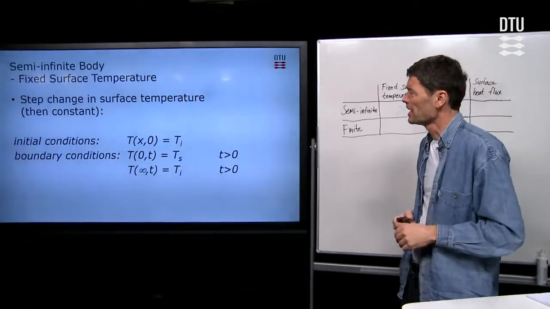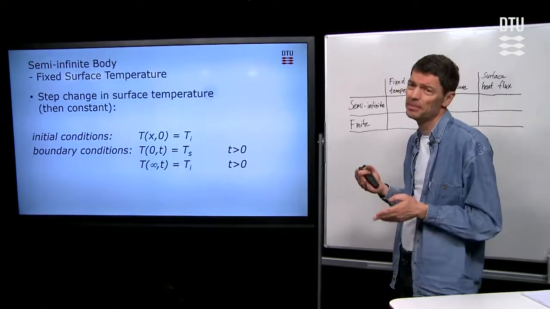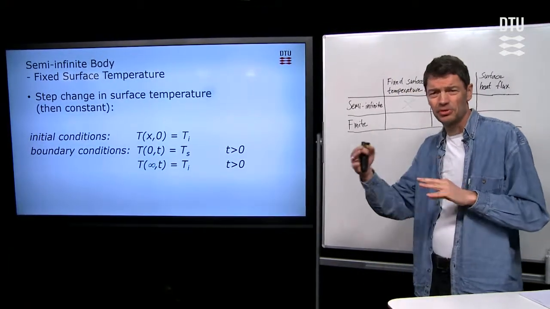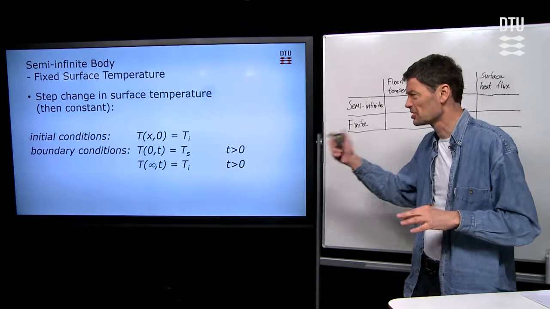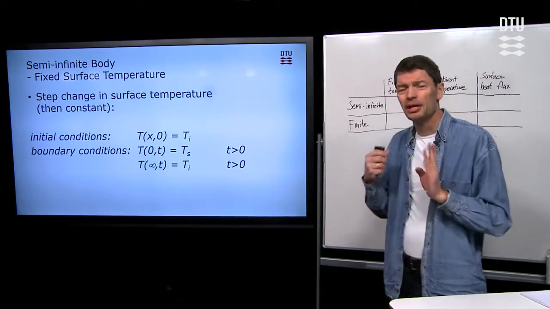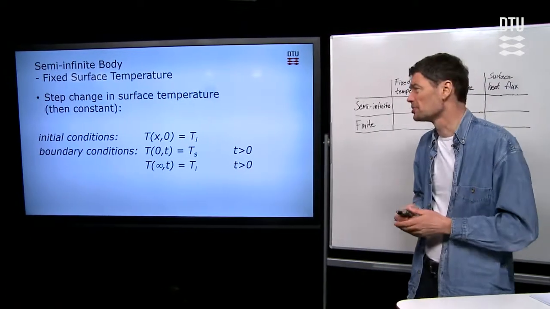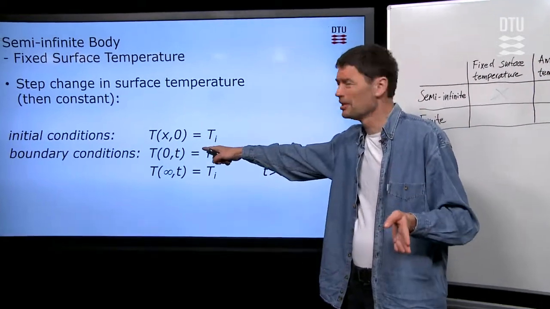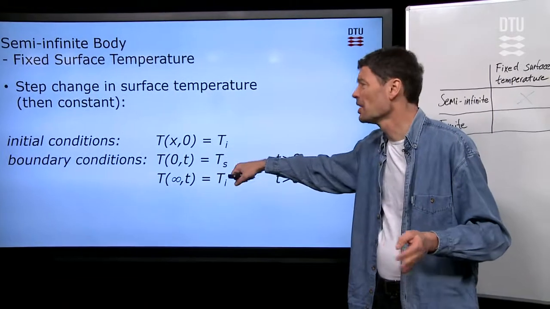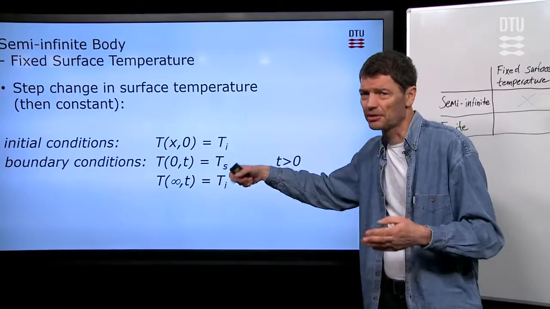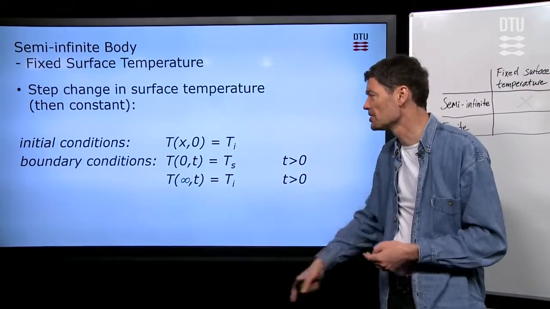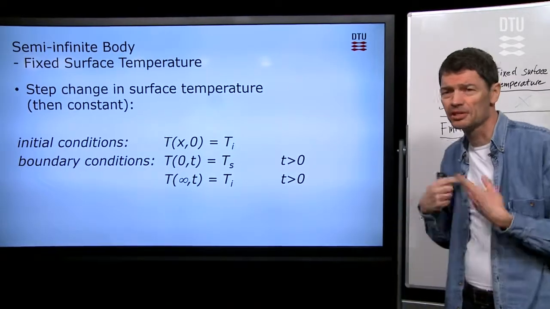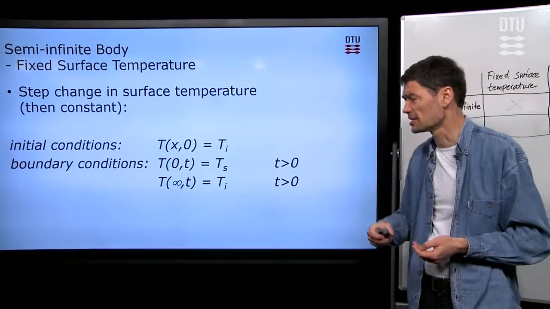So in that case we have this semi-infinite body where the surface temperature suddenly changes. That means we have an initial condition where everything in our material is at a certain initial temperature. And then suddenly at time zero, a new condition arises where we get at the surface another temperature, the surface temperature Ts.